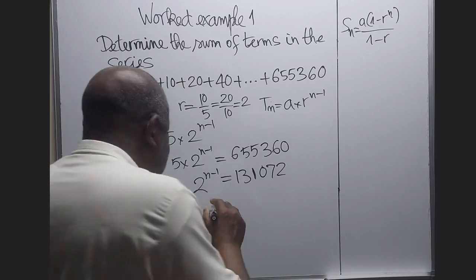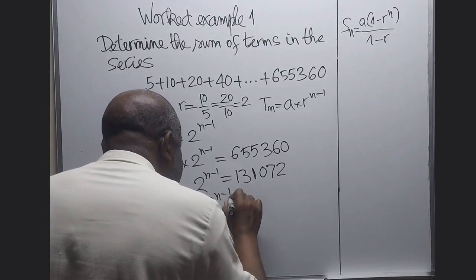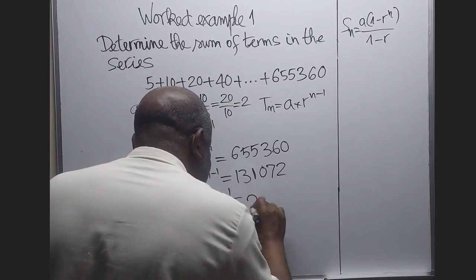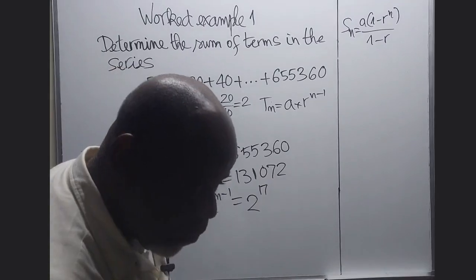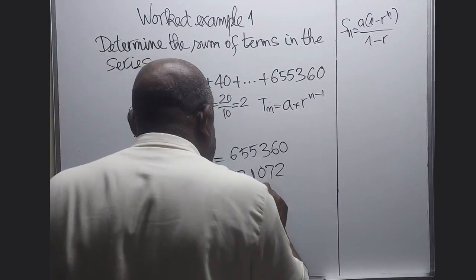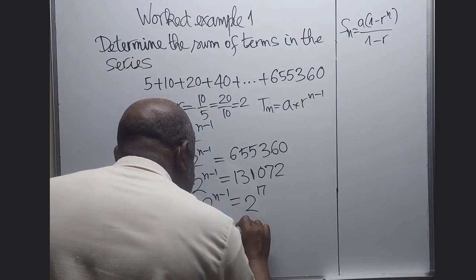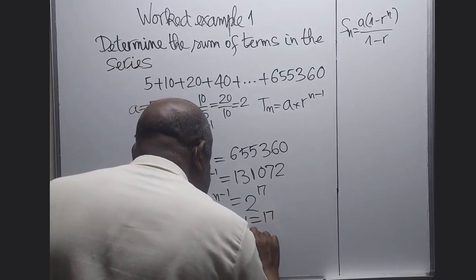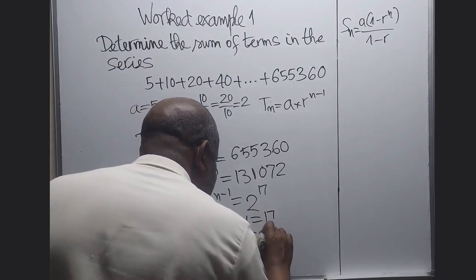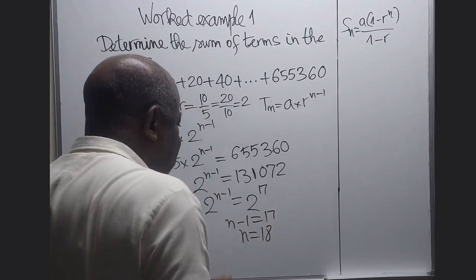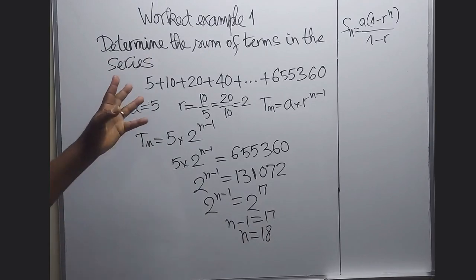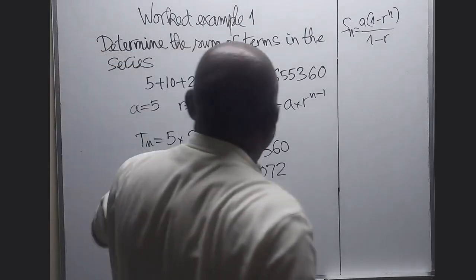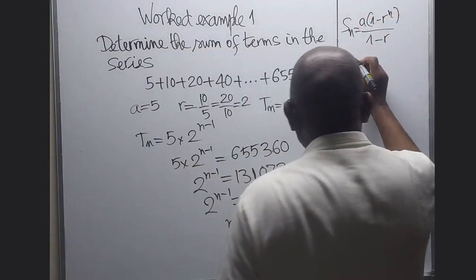Then we get this. So we are having 2 to the power of n minus 1 is going to be equal to 2 to the power of 17. Now, equating the exponent, n minus 1 is equal to 17. Our n will be 17 plus 1. So our n is 18. Now, we're trying to get the sum of the terms in this series. Our formula is here.